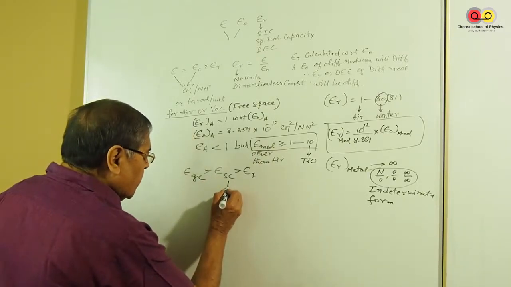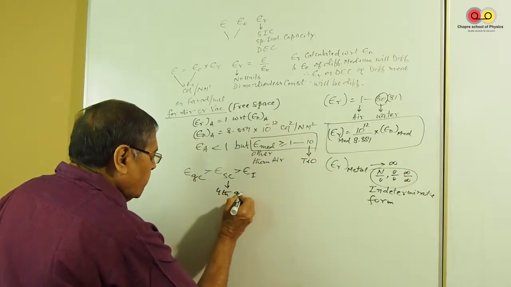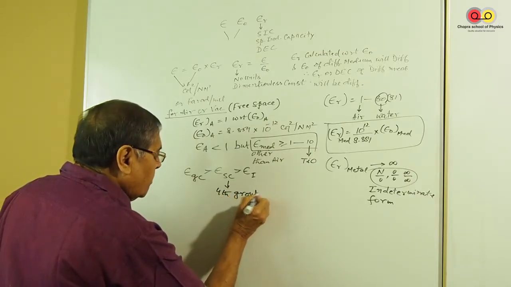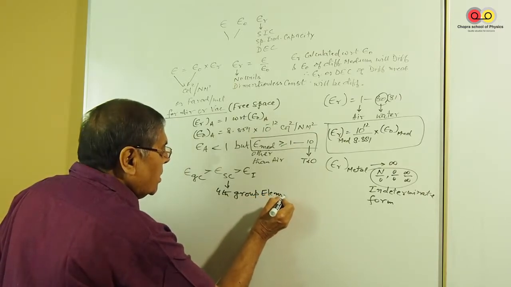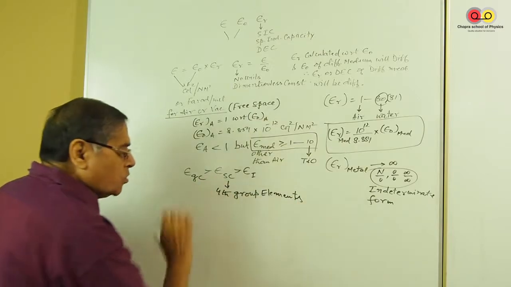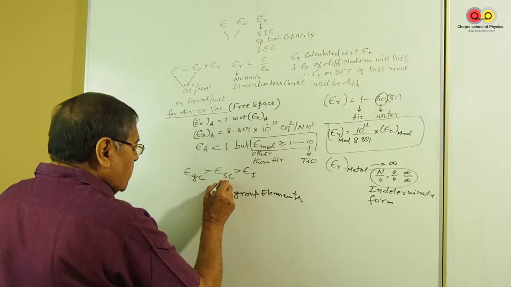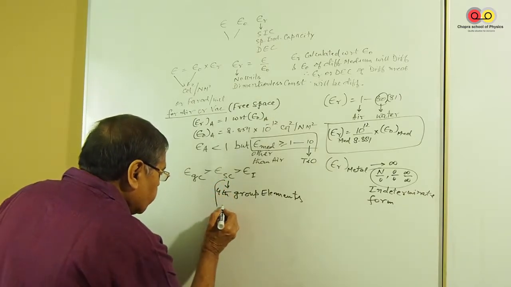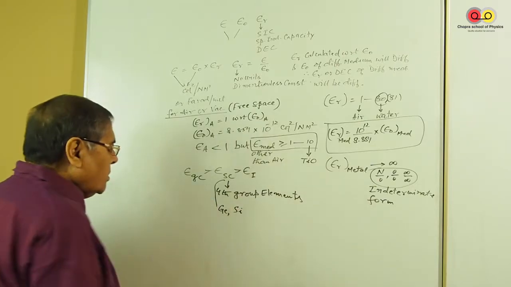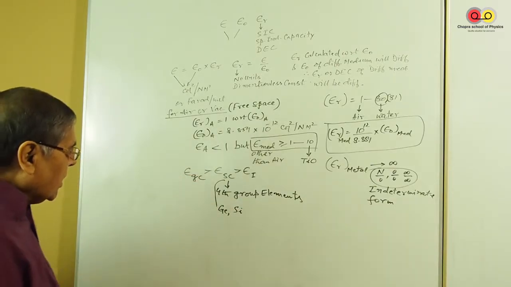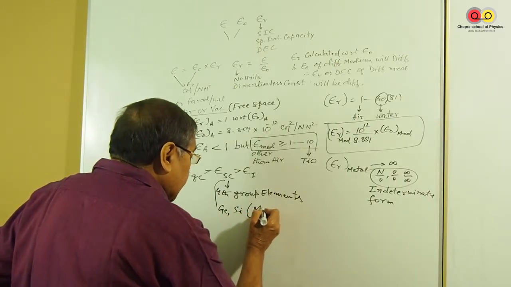Semiconductors are generally fourth group elements, in the form of germanium and silicon. Fourth group elements, and they exhibit the properties of metalloids.